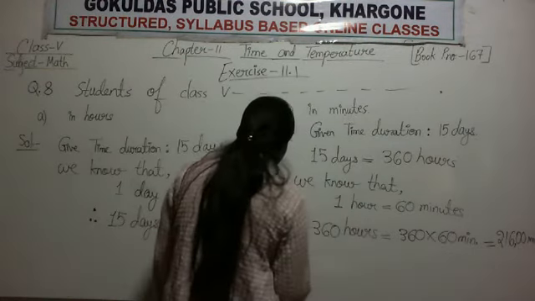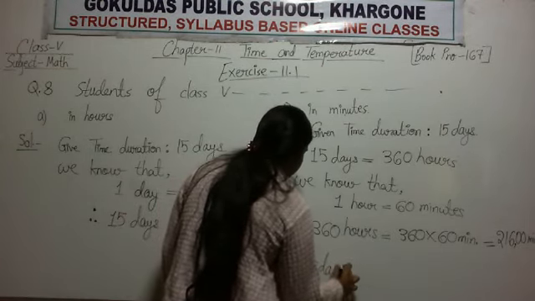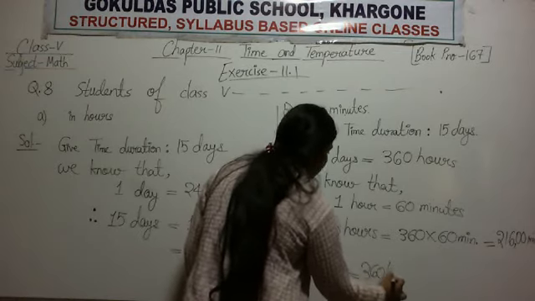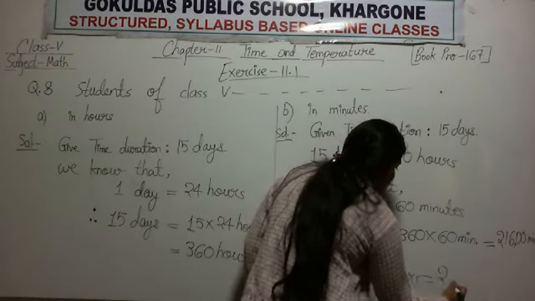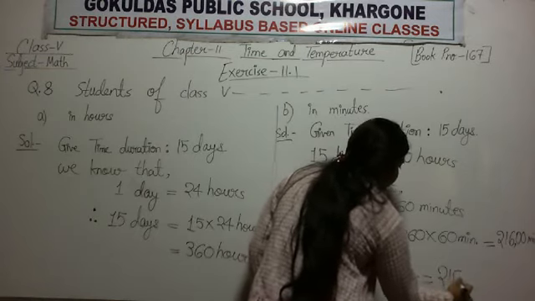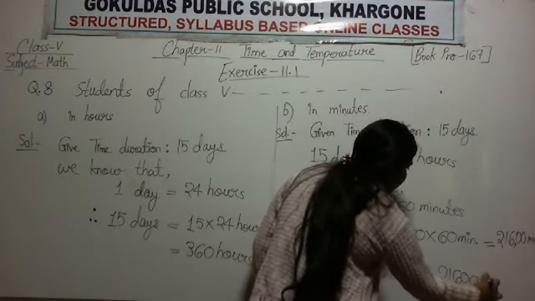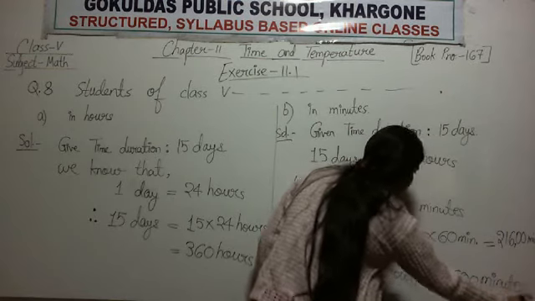So what will be our answer? Our answer will be 15 days is equal to 360 hours, which is equal to 21,600 minutes. It is our final answer.